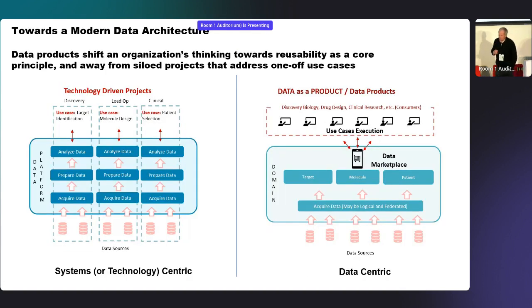There are really two macro trends at play today that point to a movement towards a modern data architecture. One trend is the productization of data. This concept of product has started to permeate IT as a function, where we wanted to turn systems into products that we manage as a life cycle.